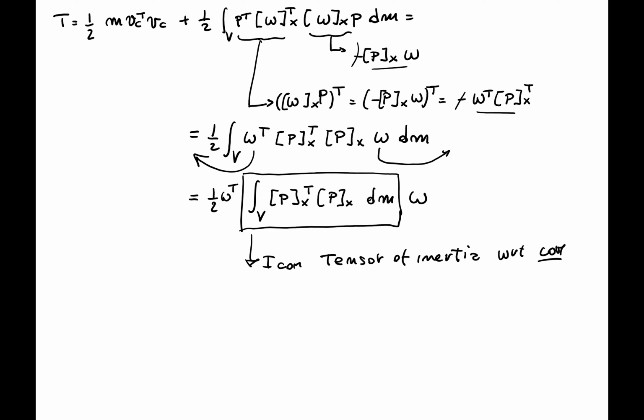Now we can define the following result, that is called Koenig theorem. Koenig theorem says that the kinetic energy of a system, a rigid body for example, is the sum of the kinetic energy associated to the movement of the center of mass and also a rotational component that considers the inertia about the center of mass.